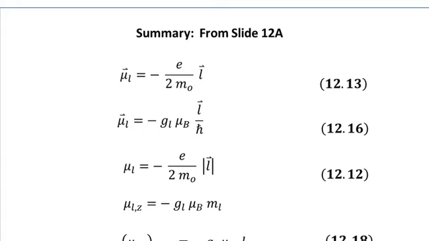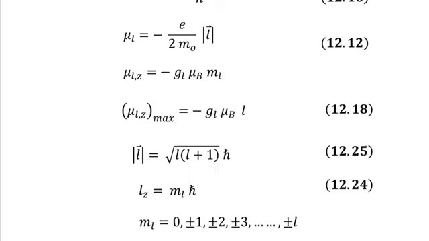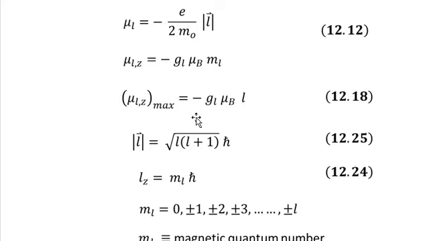So this is the relationship in terms of the z component of the magnetic moment. And if you take the maximum value of the z component, then you need to take the maximum value on both sides, as shown in equation number 18.